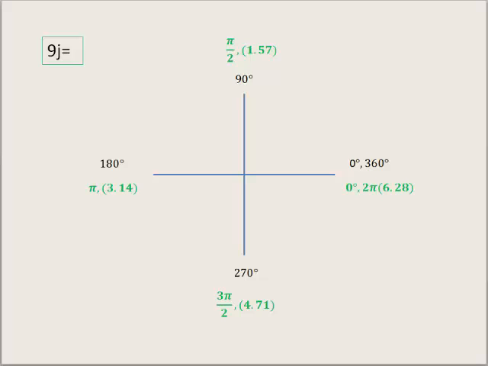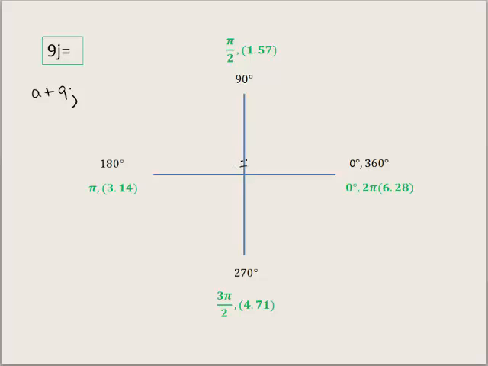Here's a problem, and it's 9j. It would be written a plus 9j. So there is no value for a, so we're not going to work on the x-axis, but we are going to work on the j-axis.